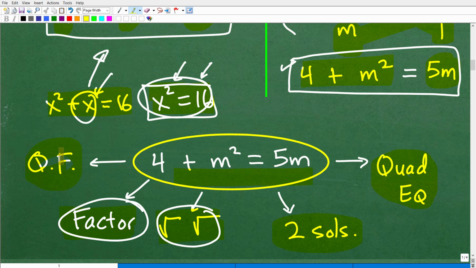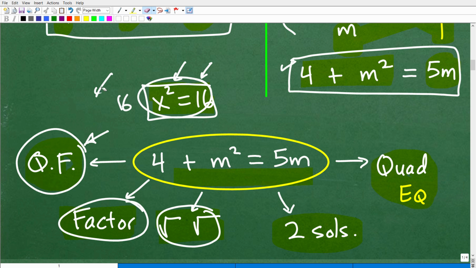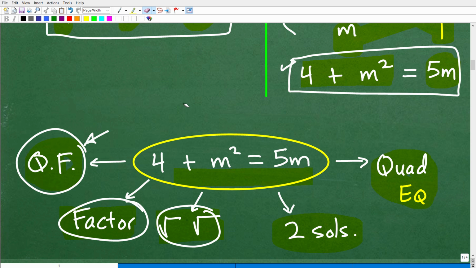Well, every single quadratic equation can always be solved by the quadratic formula, okay? So you definitely need to know the quadratic formula, but you don't use the quadratic formula on every single problem, only the ones you need to use it on. And by the way, there is another method out there called completing the square, which is pretty awesome as well. You definitely need to know all this stuff if you're taking any sort of algebra course.